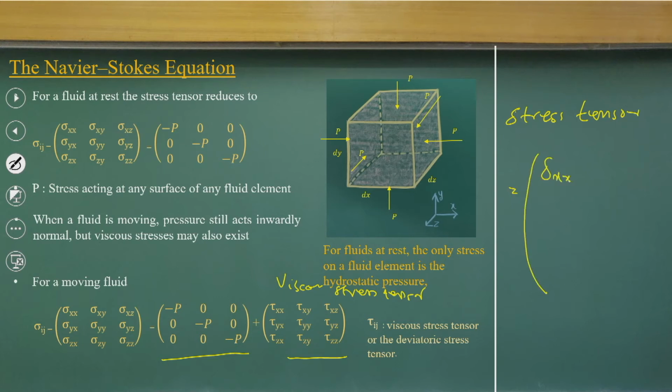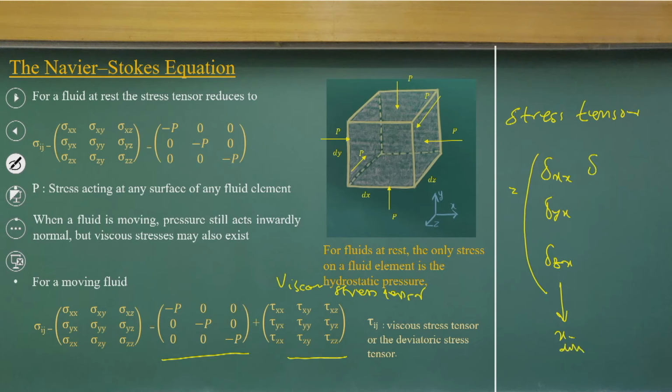Sigma xx, first you write it. Next will be in the same x direction, but on the plane perpendicular to the y axis, then the z axis. So, this is all x direction.